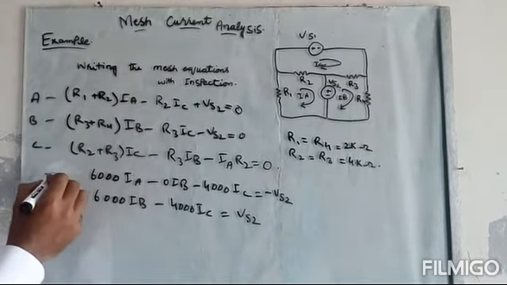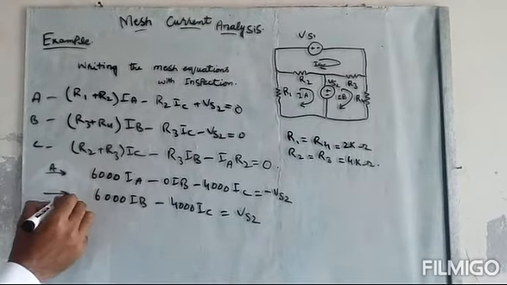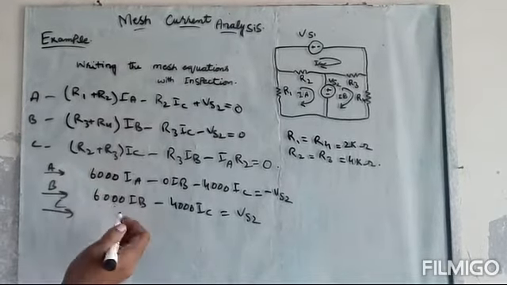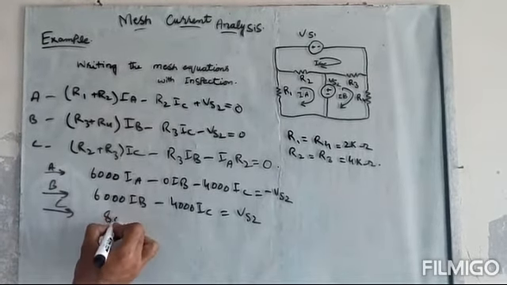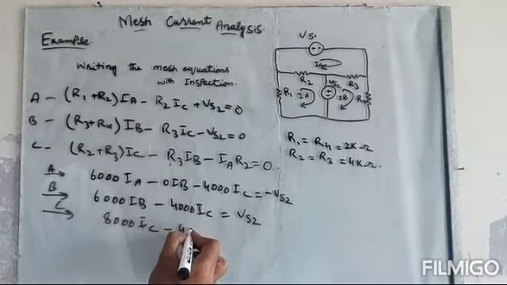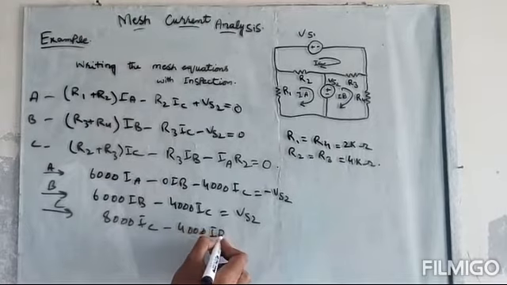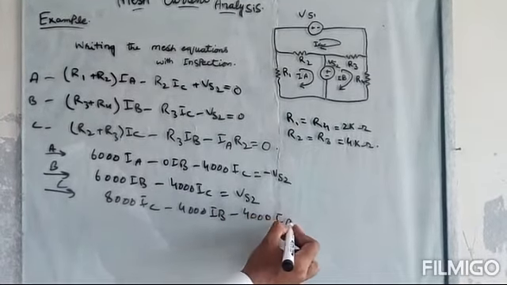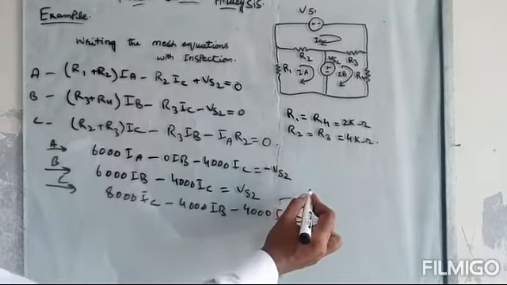Similarly, for mesh C, this is A, this is B, and for C it will be R2 plus R3. It will be 8000 IC minus R3, which is 4000, IB minus 4000 IA. These are the three equations.